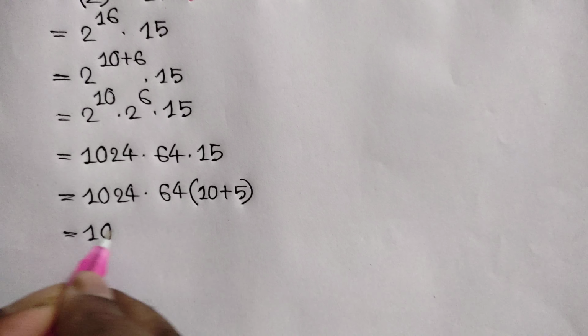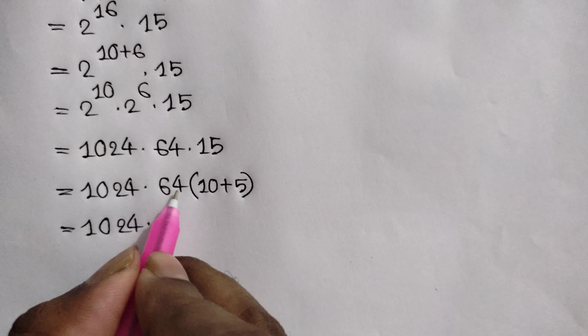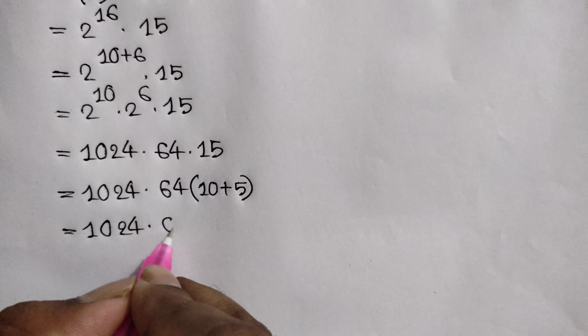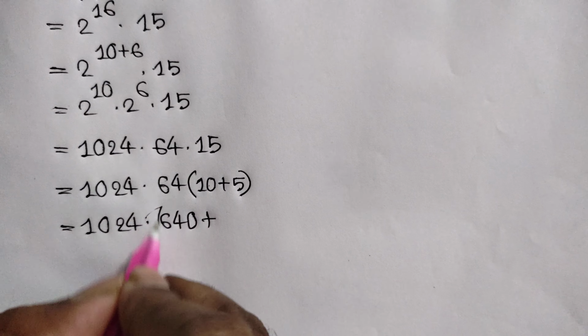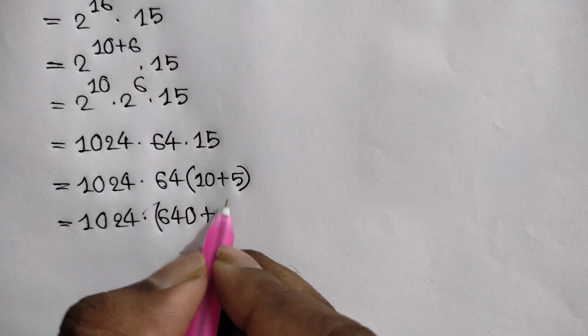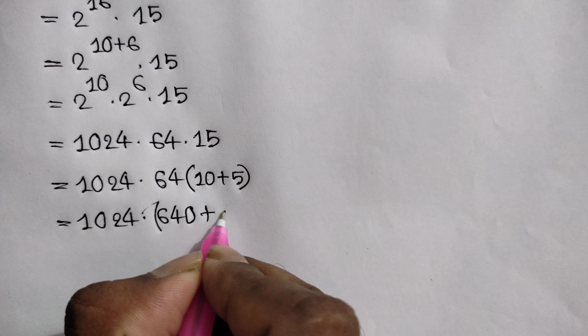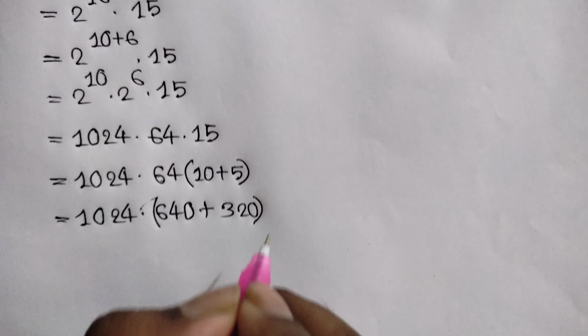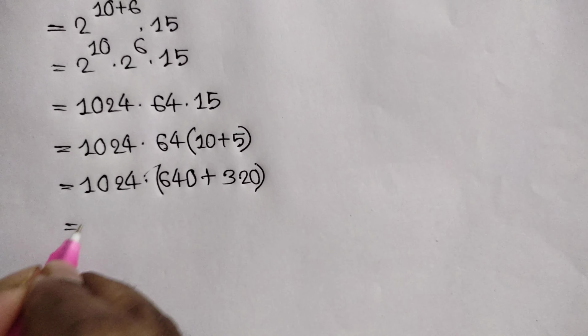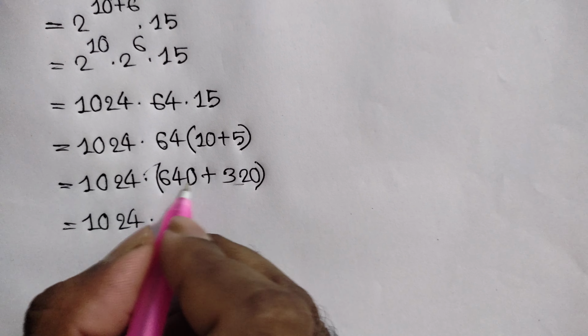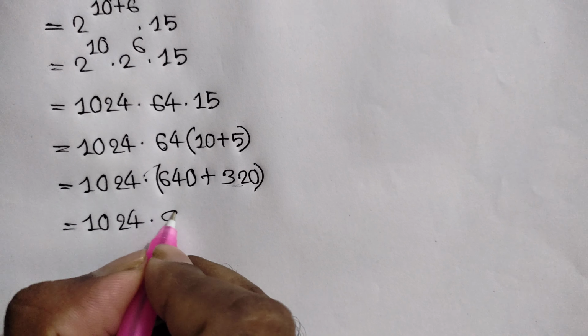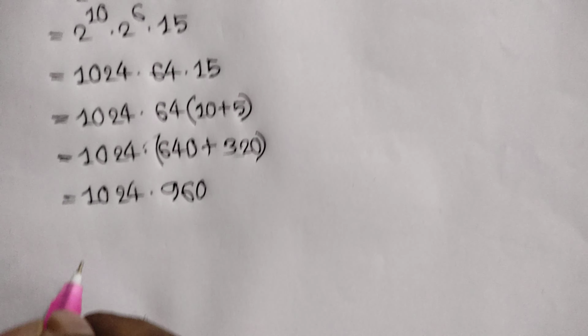This is equal to 1024 times, 64 times 1 is 64 with 1 zero, plus 64 times 5 is 320. Now adding these two numbers we will get 960.